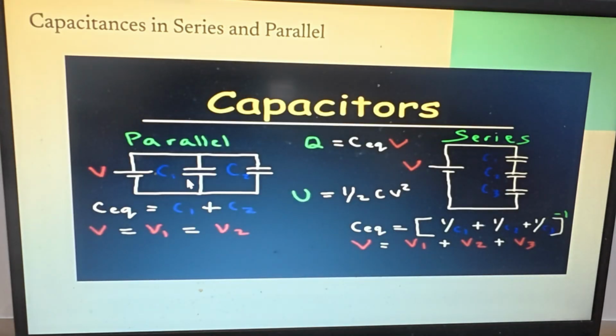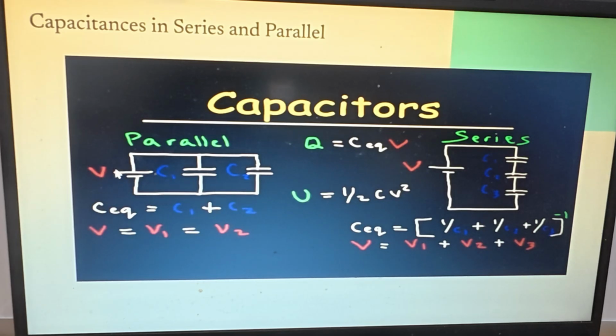Now let's talk about capacitors. These symbols here of two opposing plates are called capacitors, C1 and C2. It's very similar to a battery, except that the battery will have a larger one and a smaller one across it. So this is a battery here, and this is a capacitor. The voltage across the battery and the voltage across the capacitor are the same.